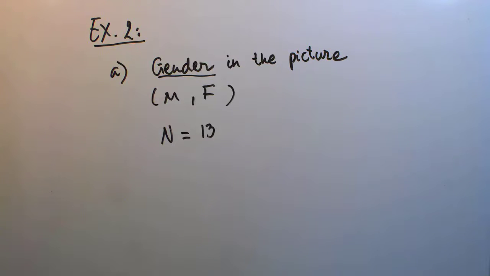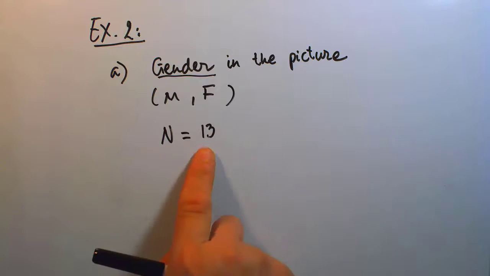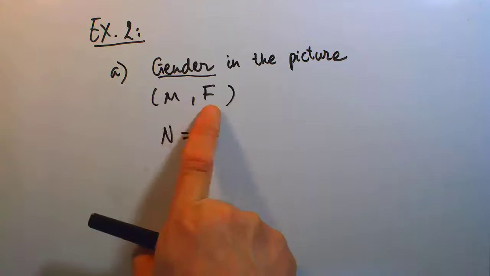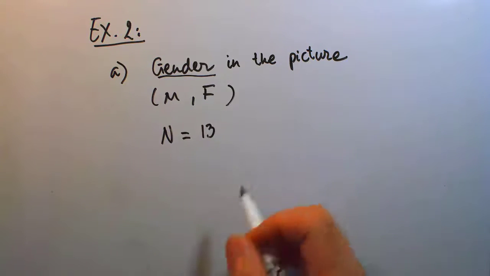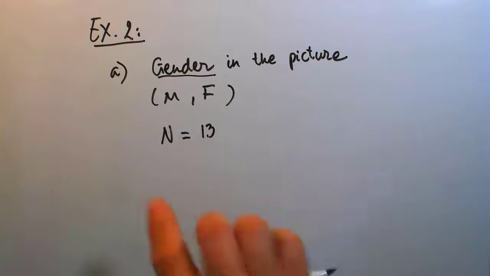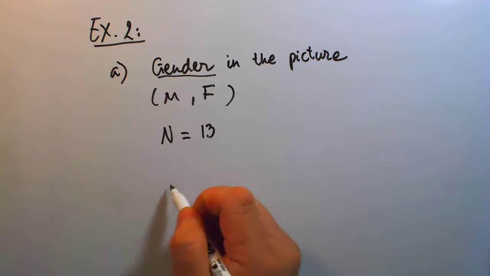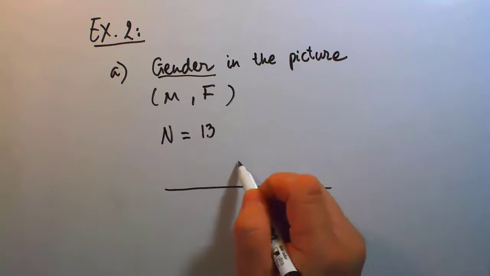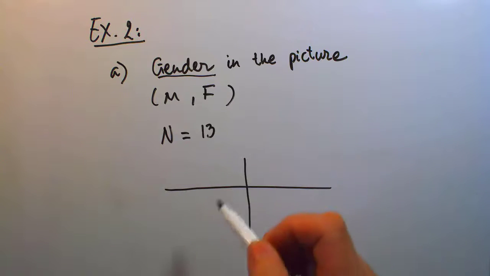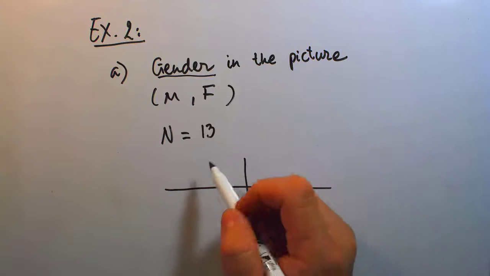I mean 13 people, and those 13 people carry any of these values. So my n count, how big the data is, is 13.